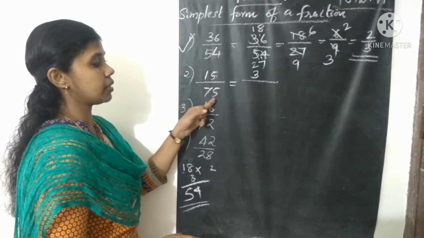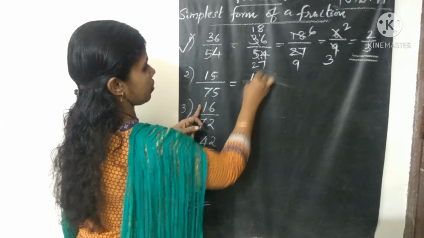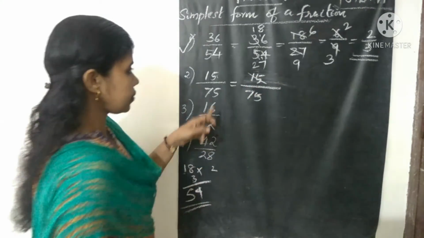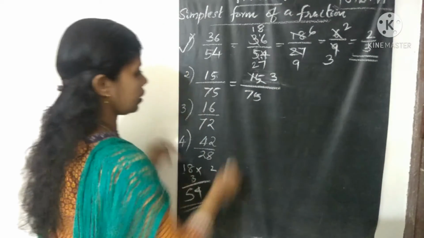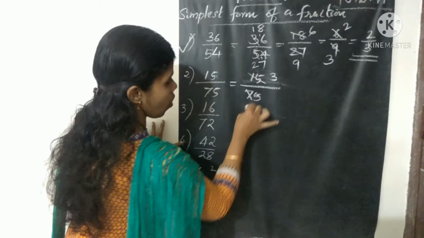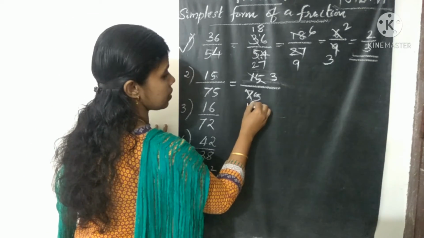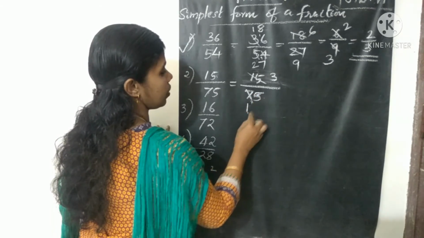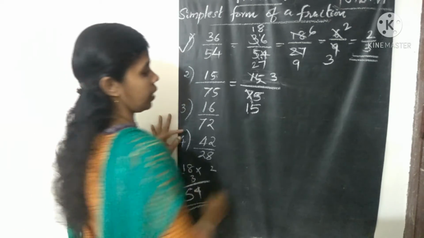And how many 5s in 75? 1 into 5, 5. Then 2 is the balance. That is 2 and 5. 25 contains how many? 5 into 5, 25. Okay.